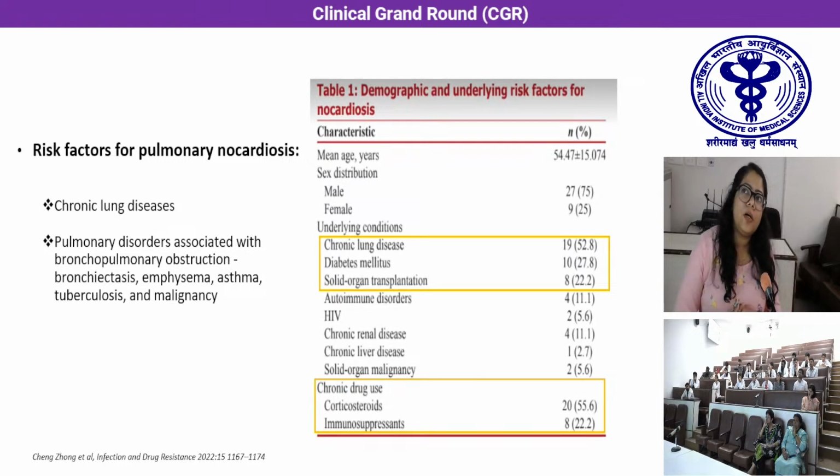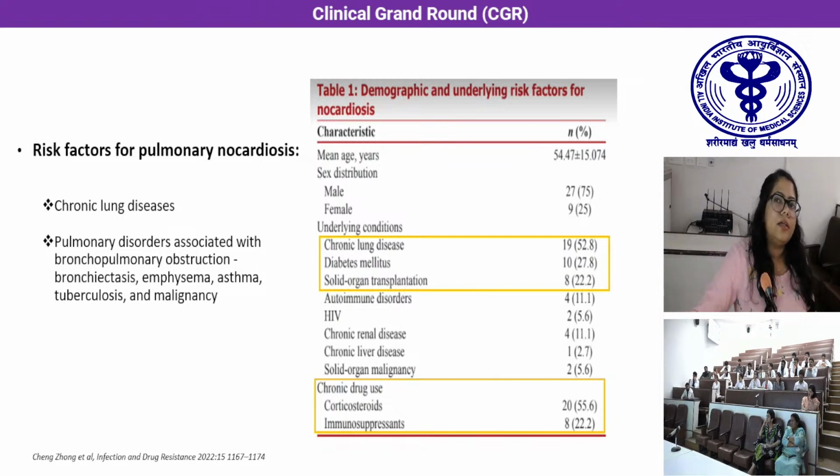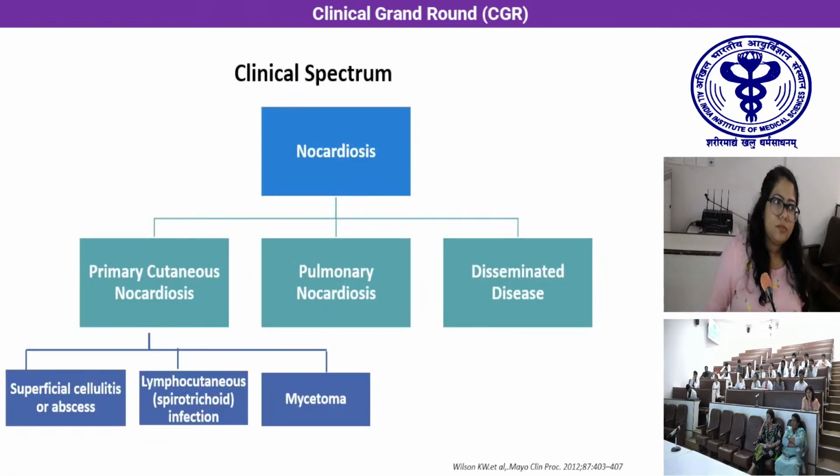So pulmonary nocardiasis is a major spectrum of Nocardia. The common risk factors include chronic lung diseases, and most of the patients have an underlying structural lung defect, bronchopulmonary obstruction, or bronchiectasis. So these are the common risk factors I've listed.